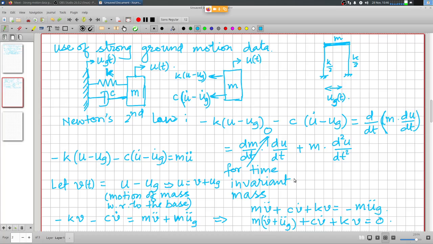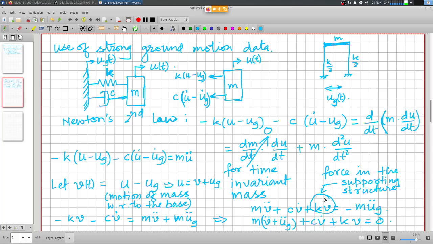So essentially this is the force in the supporting structure. If I can find out what is the maximum force in this supporting structure, that allows me to design the system properly.